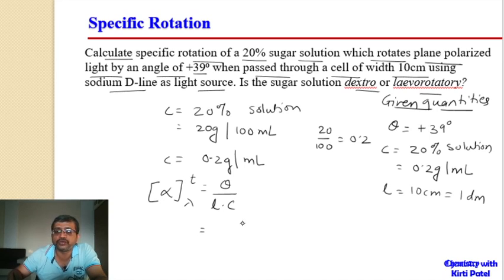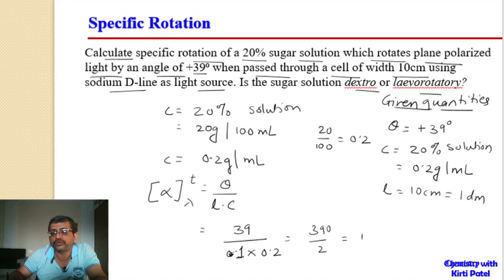Then this will be equal to theta is 39 divided by L is 1 into 0.2. Now when we do this, it will be 390 divided by 2. When we multiply and divide by 10, so this will become 390 and 0.2 will become 2.